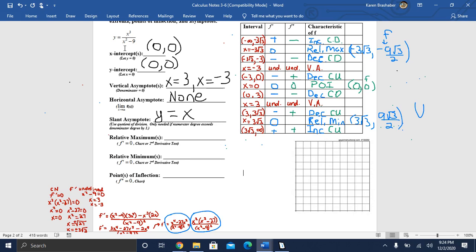So when you're graphing, wait a minute. Before we graph, I want to fill in the blanks over here. So your relative maximum would be negative 3 square root 3, and then negative 9 square root 3 over 2.